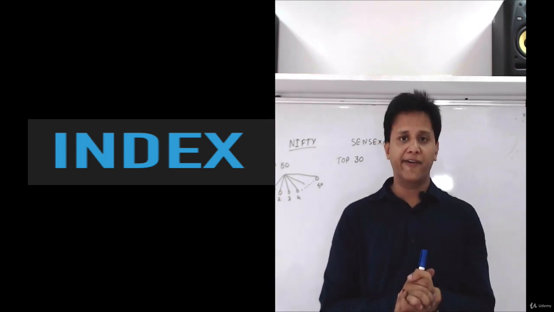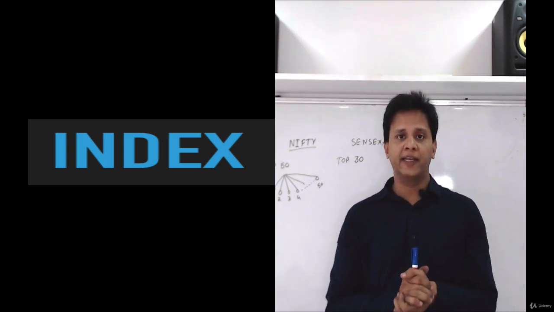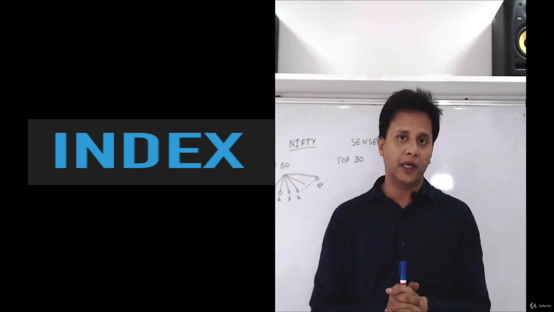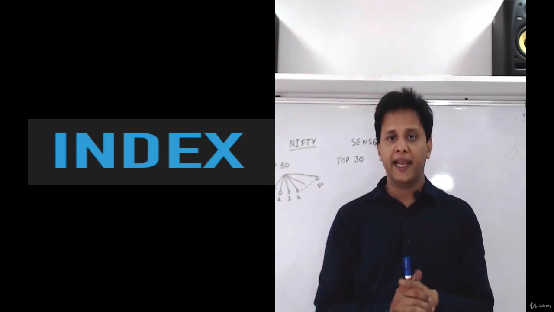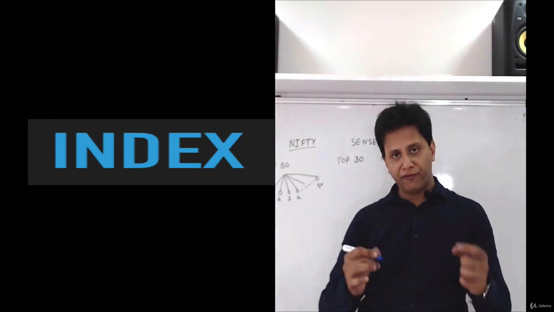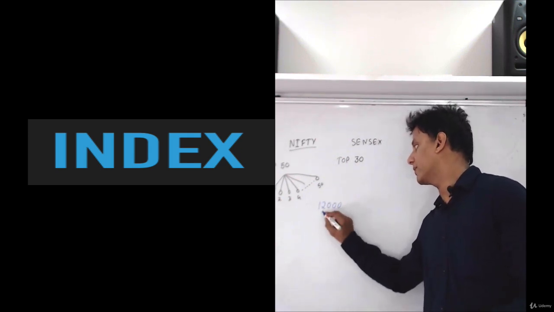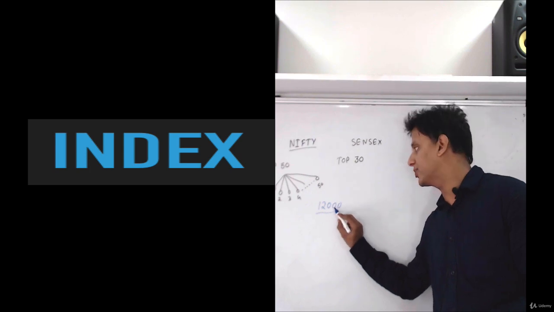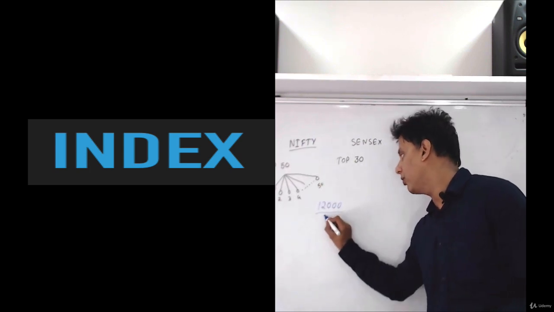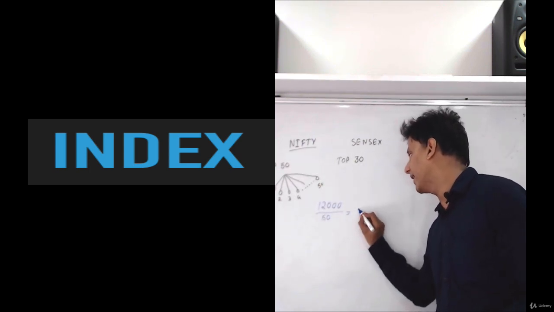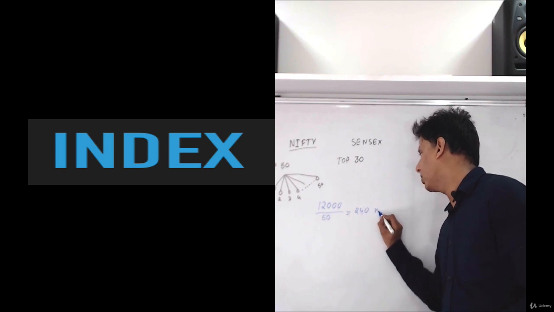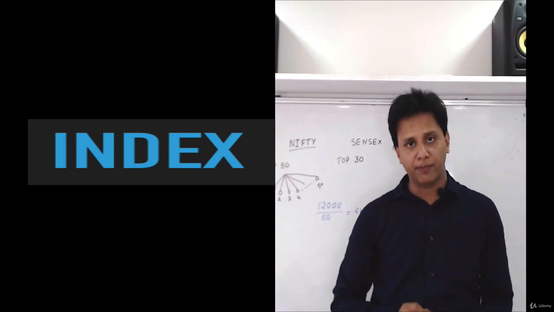Now weightage is given to each of the top 50 or top 30 companies in any index. Right now the Nifty is trading at somewhere around 12,000, and if you divide this 12,000 by the top 50 companies, you get somewhere around 240 as the weightage of each company.